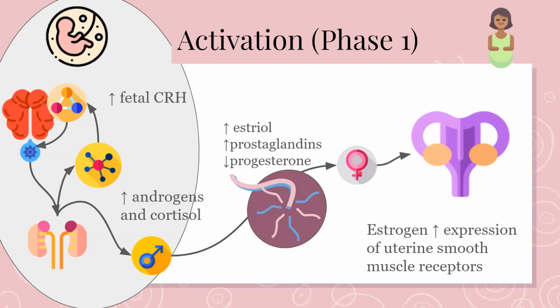So during pregnancy, the level of oxytocin is relatively constant until labor. But the reason that it doesn't stimulate uterine contractions is because the uterus doesn't start off with a lot of oxytocin receptors. And so until the uterus has enough oxytocin receptors, it's not going to be very responsive to oxytocin in the maternal circulation.